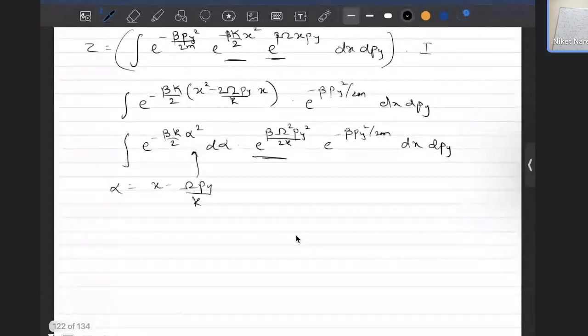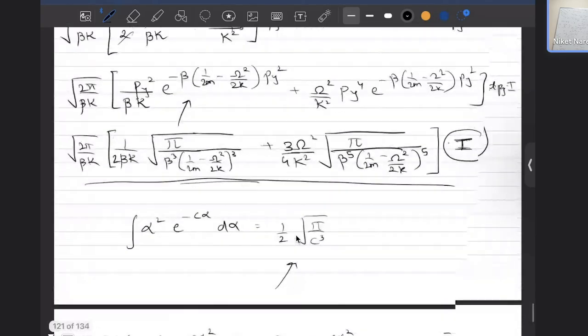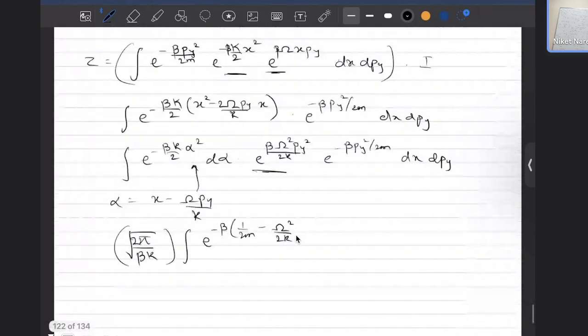So here what I end up getting is square root of 2 pi by beta kappa into integral e raised to power minus beta, 1 by 2m minus omega square by 2 kappa, py square dpy.